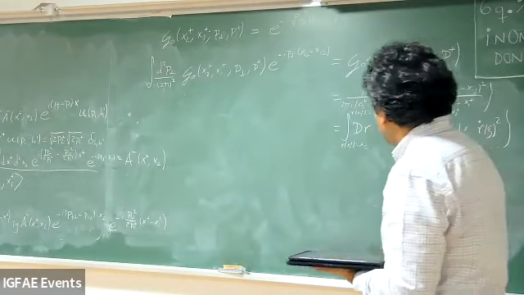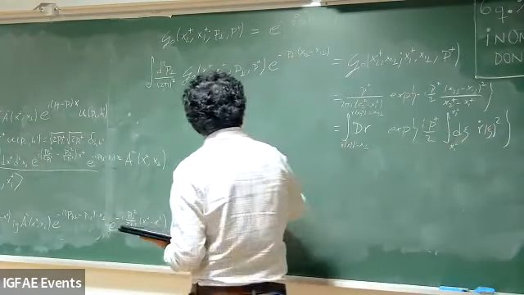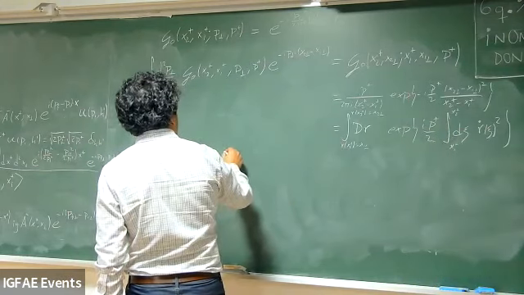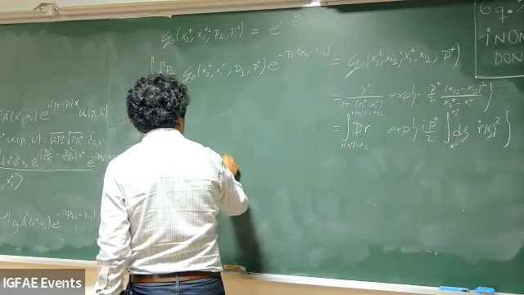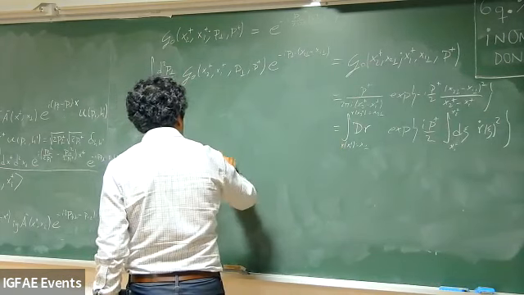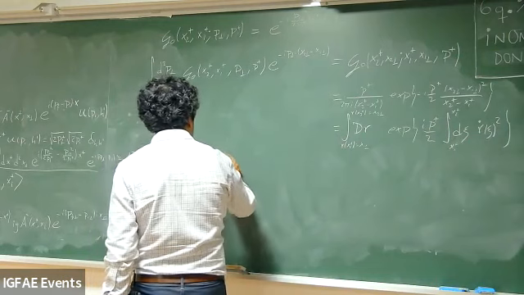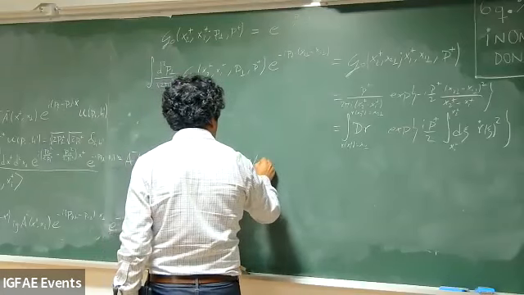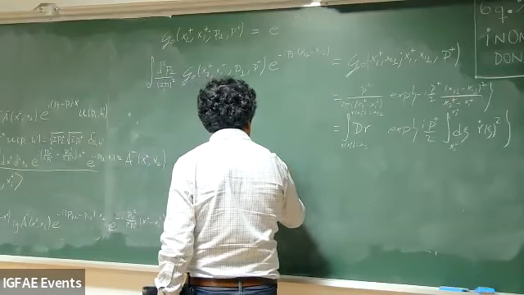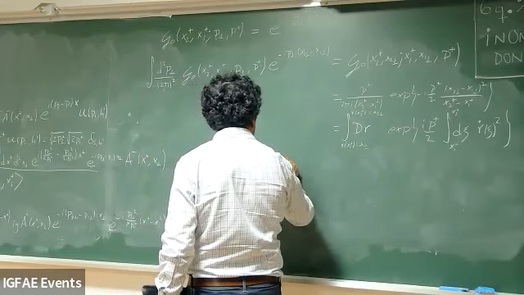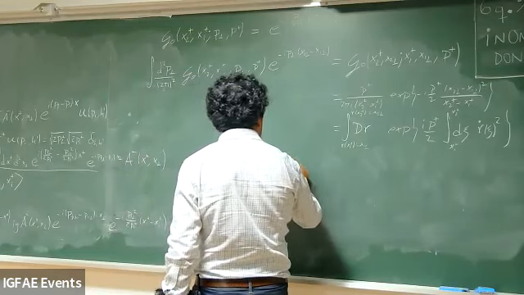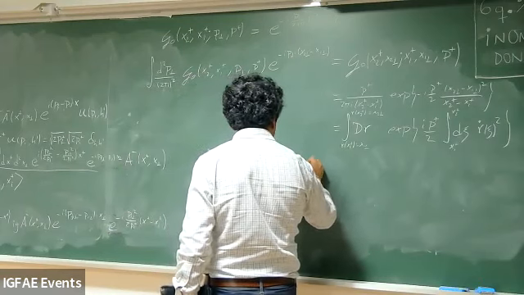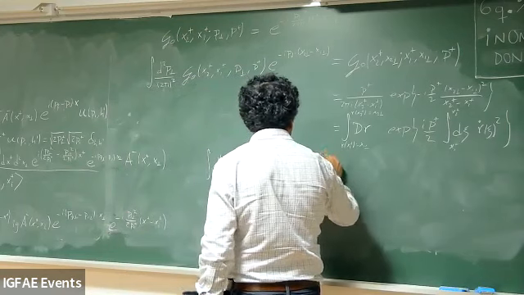For example, for that propagator, if I integrate over x2 perp, and I have the propagator from x1 to x2 and from x2 to x3, then plus.